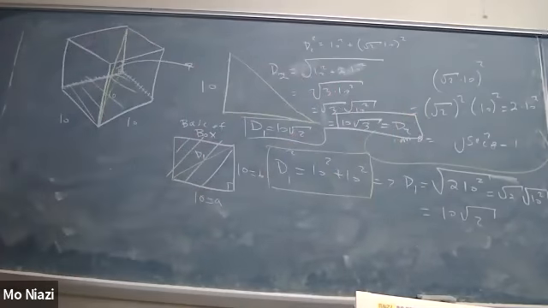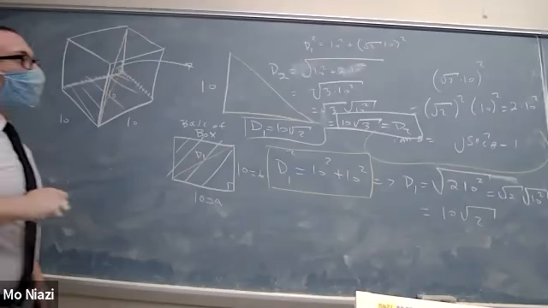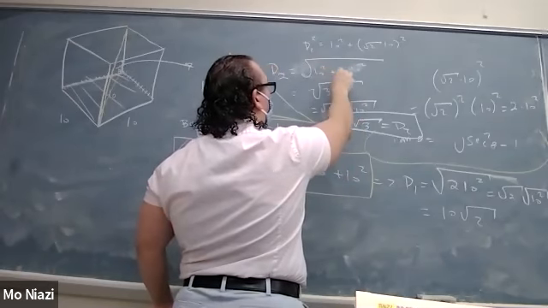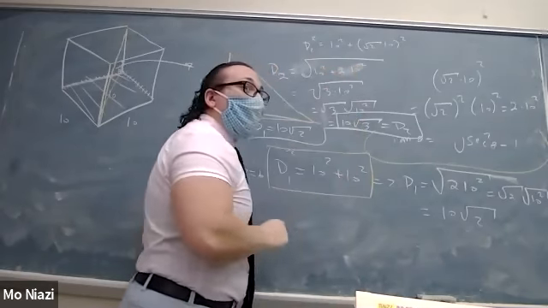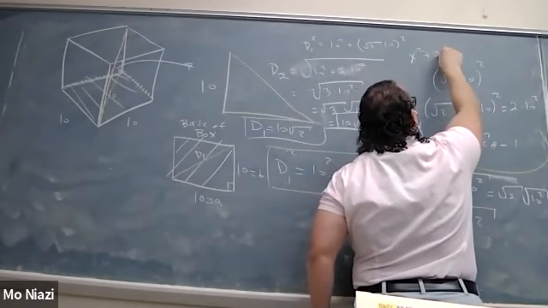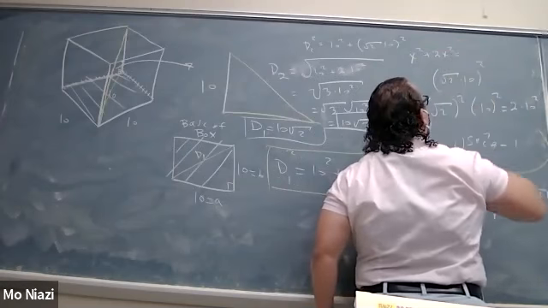Wait, why did it become 3? Why did it go from 2 to 3? Oh, from here to here? Aha, because 10 squared plus 2 10 squared is 3 10 squared. Just like x squared plus 2x squared, what does this equal, young lady?